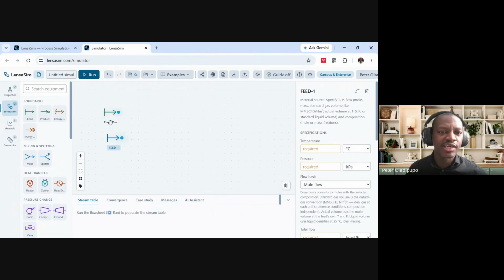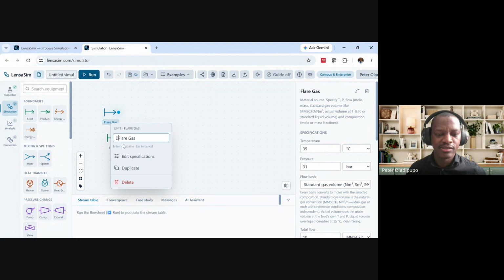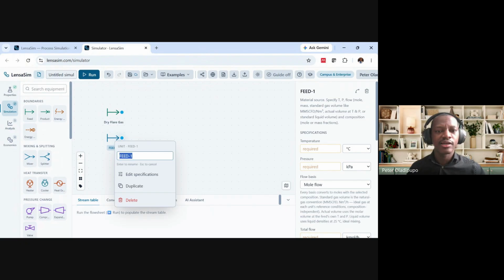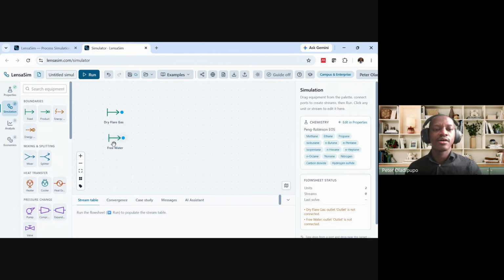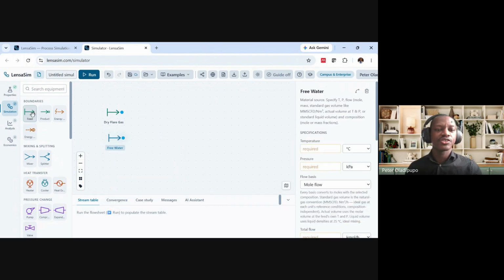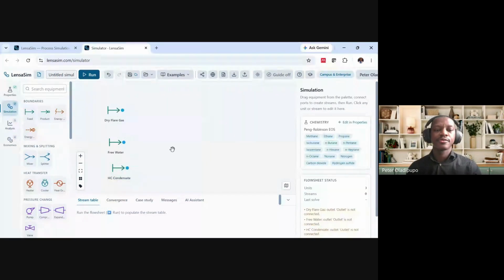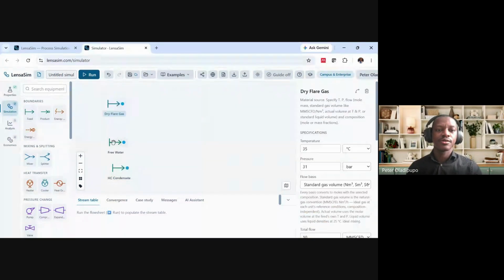We can name this one dry flare gas, and this one free water, and then another feed stream we'll call HC condensate.